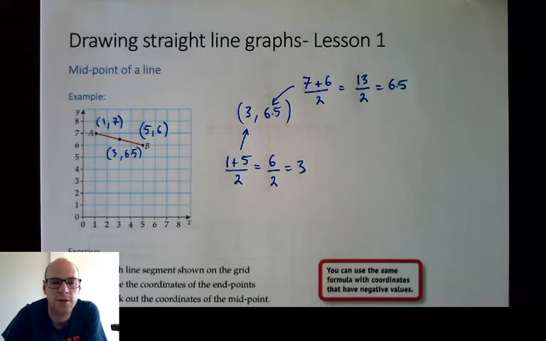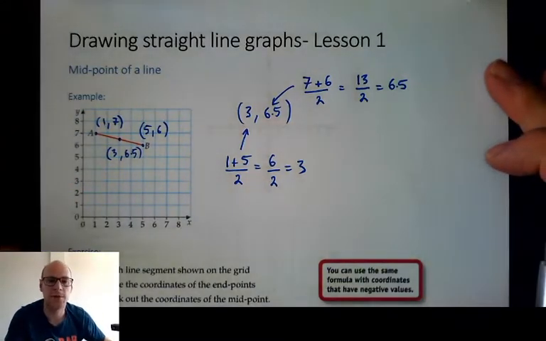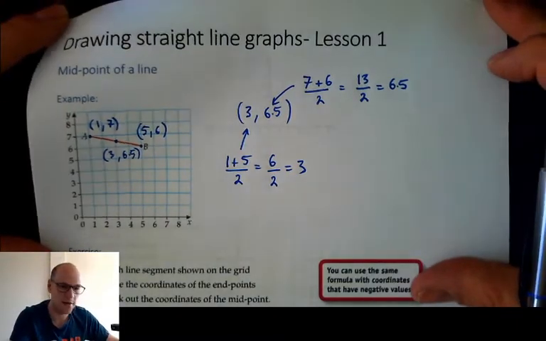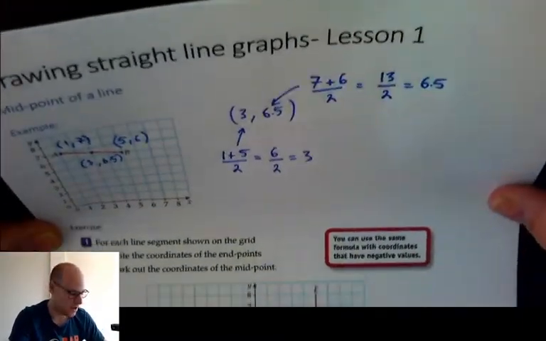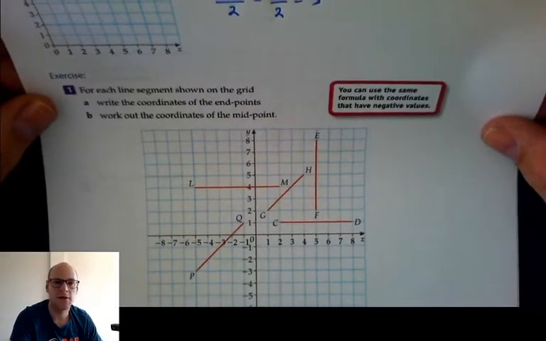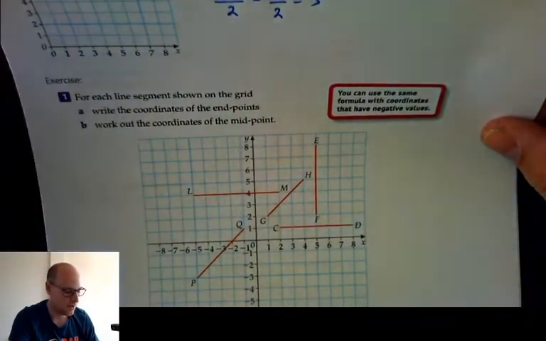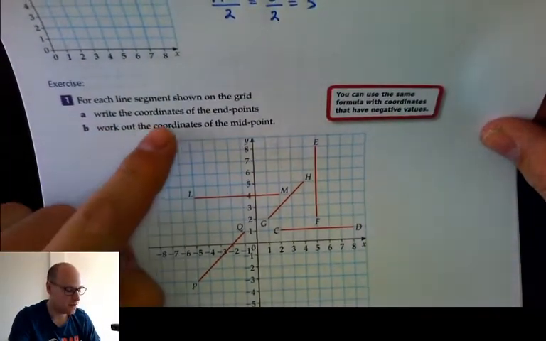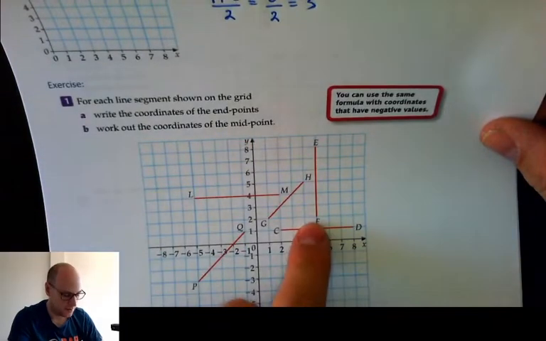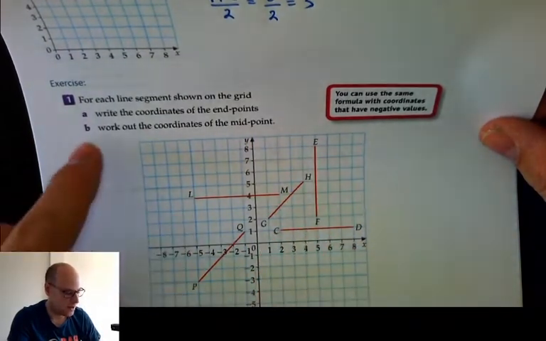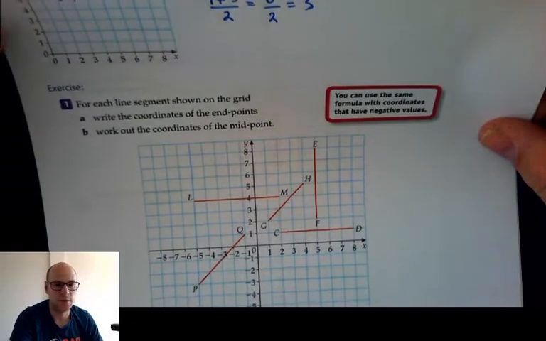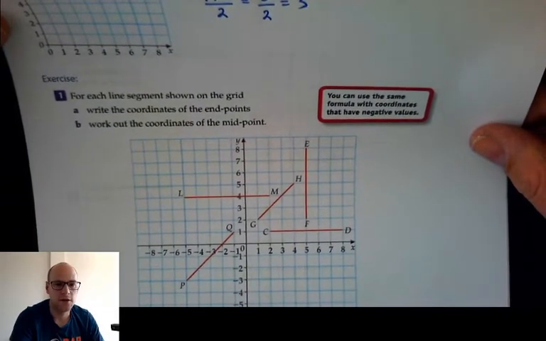Don't worry about the word segment, line segment just means a short bit of line. Okay, so what I would like to do now is pause the video and have a go at the questions in the exercise. I've given you this activity here. It says, write the coordinates of the endpoints, so that means identifying the coordinates of these endpoints, and also work out the coordinates of the midpoint, and you can use either of the techniques that you want.